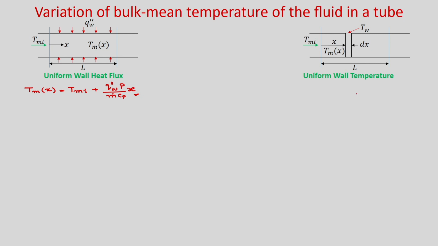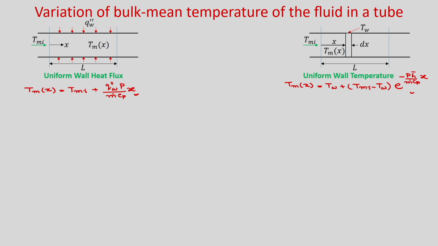When we consider uniform wall temperature, the Tm variation we have seen is Tm(x) equal to Tw plus (Tmi minus Tw) into e to the power minus P h bar divided by m dot Cp into x. In this case you can see your mean temperature varies exponentially.